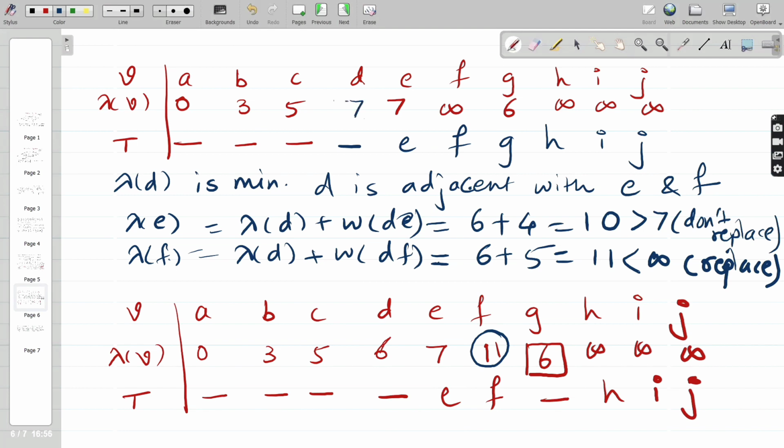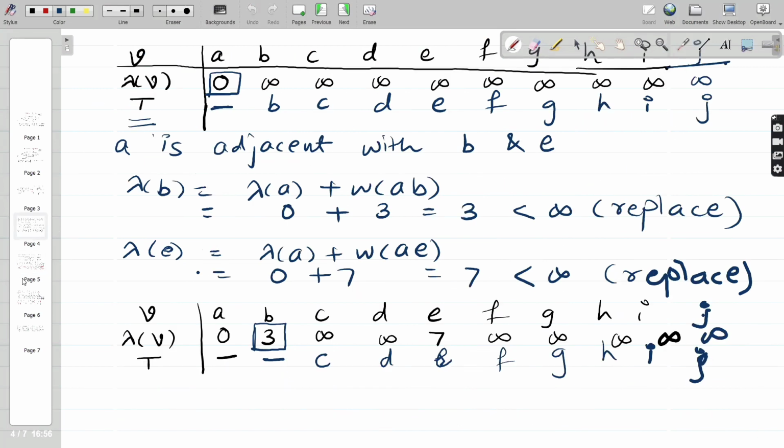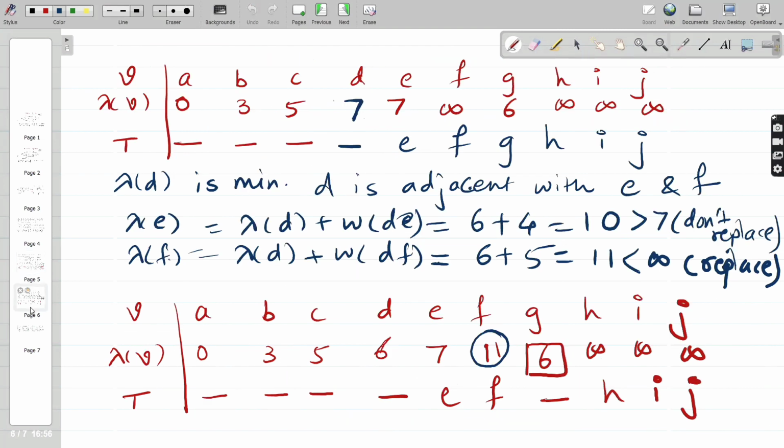So it should become 7, and lambda E is also 7 already. We are getting lambda E at 7, lambda D also at 7 now, and lambda G is 6. Yes, so let us redo this part, doesn't matter.